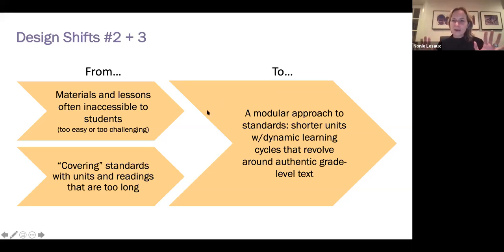So we're going to step back and take a different kind of approach, this more modular approach, these shorter units, more dynamic cycles, and starting with grade level text, because of course, even if our students are developing their literacy and language competencies, they are very strong thinkers. So we need to scaffold them into content that is age appropriate and engaging.